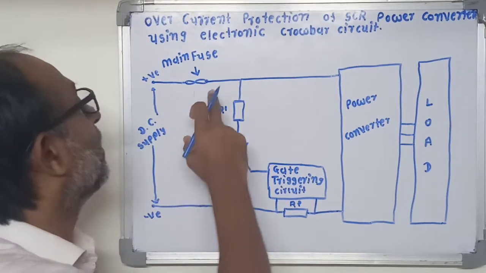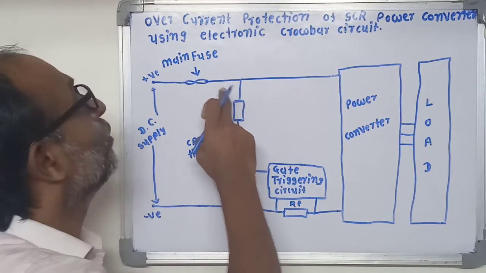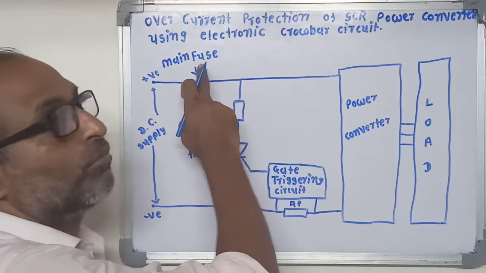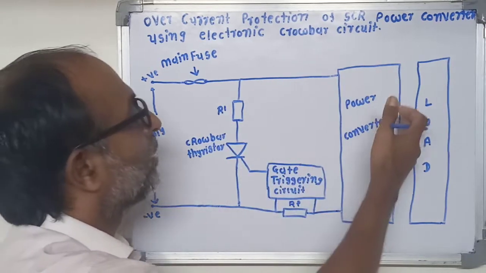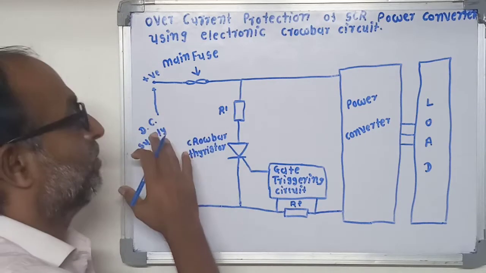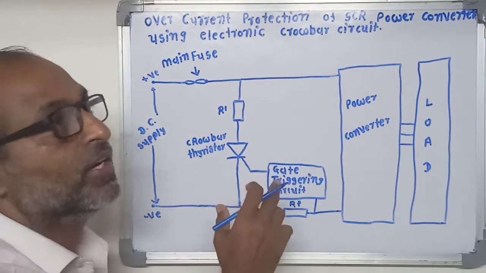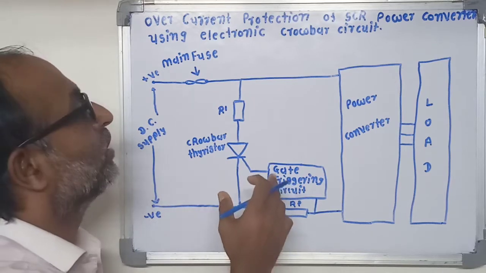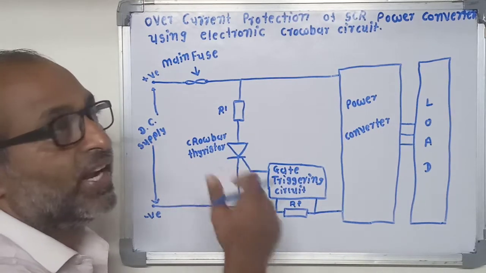Now this high current flows through the main fuse. Due to this high current, it blows and isolates the power converter from the supply. So the electronic crowbar circuit provides quick isolation of the power converter from the supply before any damage.